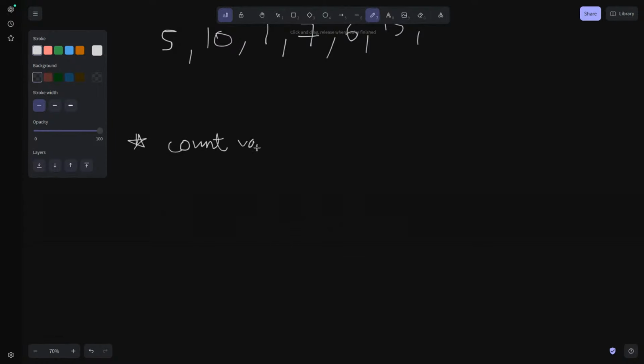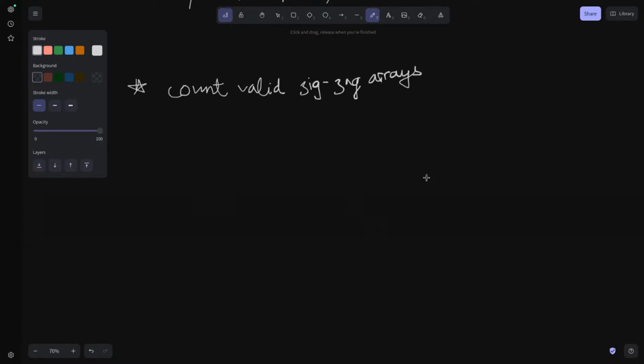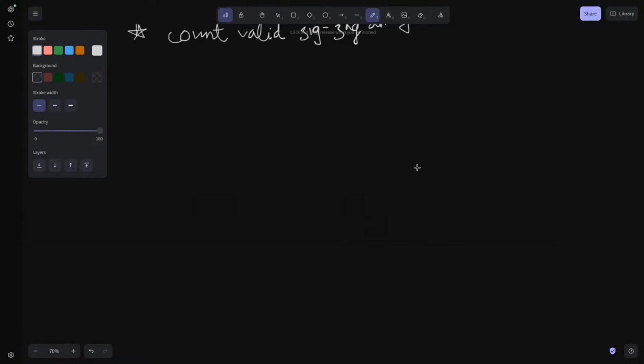So often in counting problems we use DP, but that's not the only intuition to use DP. How do we understand that we need to use DP? Because we have to count how many arrays of a given length can be formed following some pattern, and these kinds of questions are usually DP.